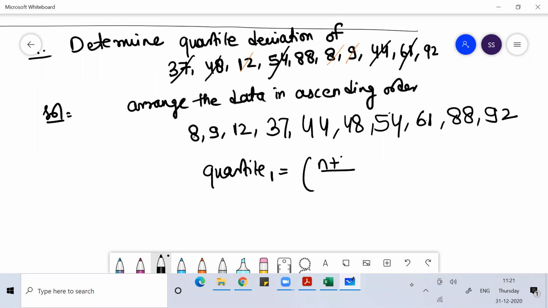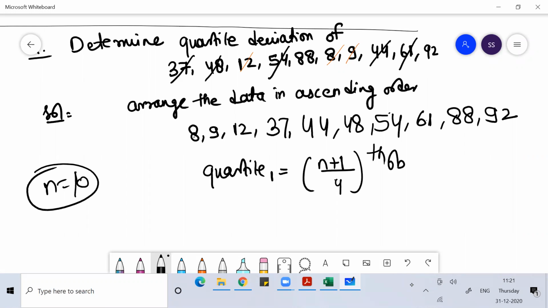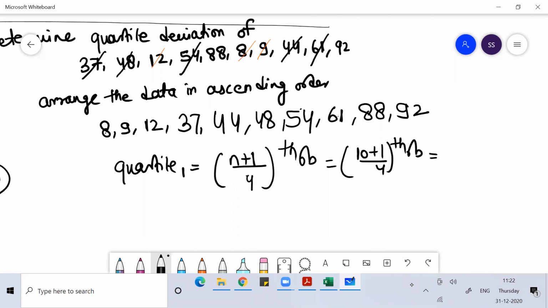The formula of quartile 1 is basically (N plus 1) by 4th observation. Here n is 10, we already counted. So quartile 1 would be (10 plus 1) by 4th observation, that is 11 by 4th observation, which means the 2.75th observation.